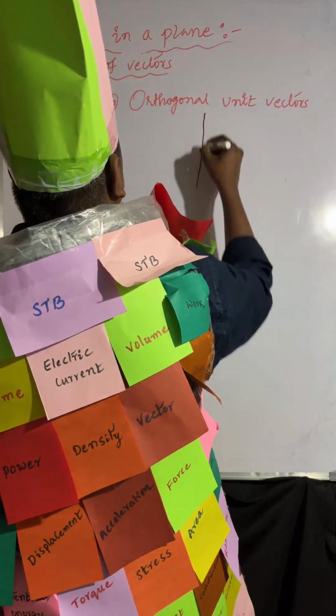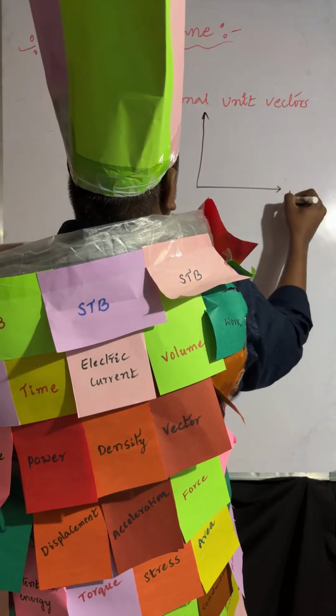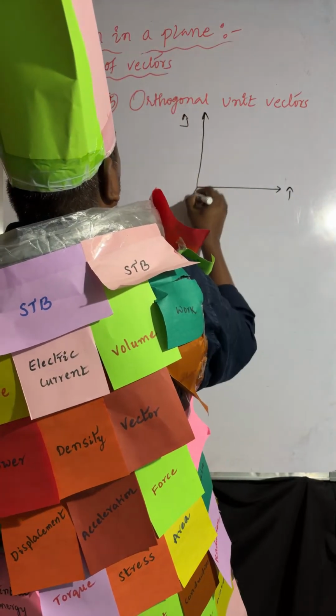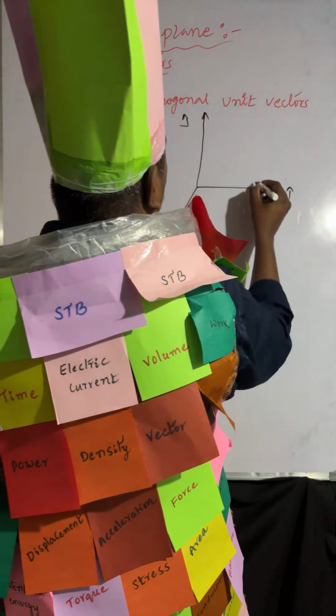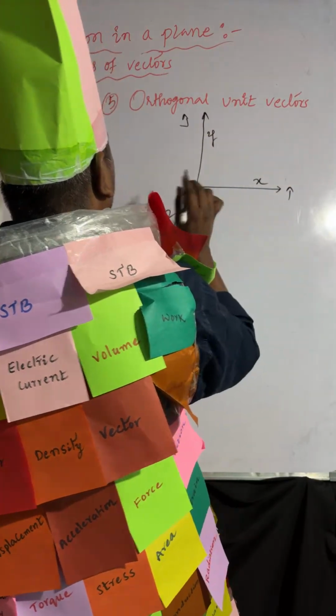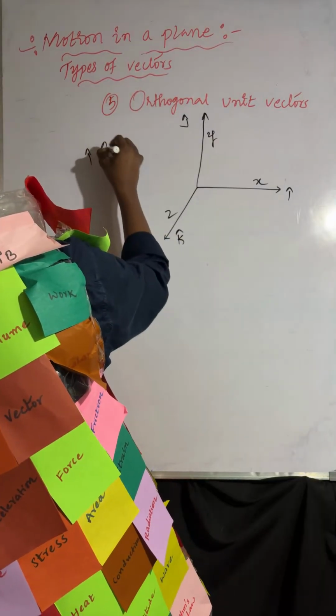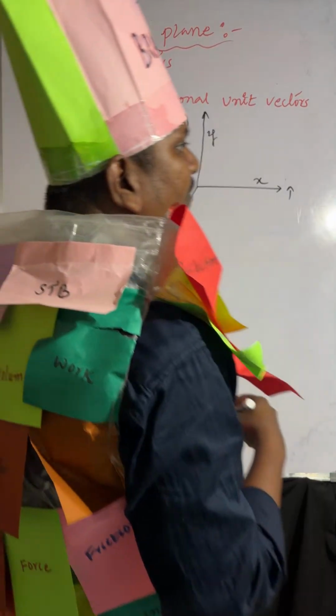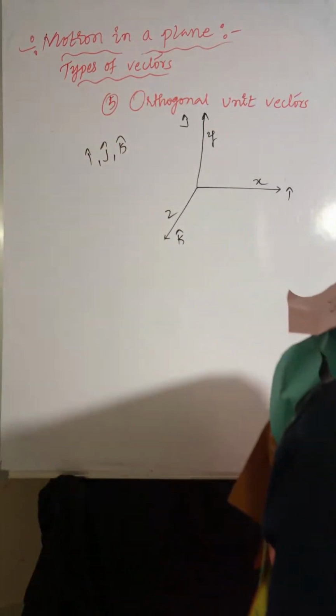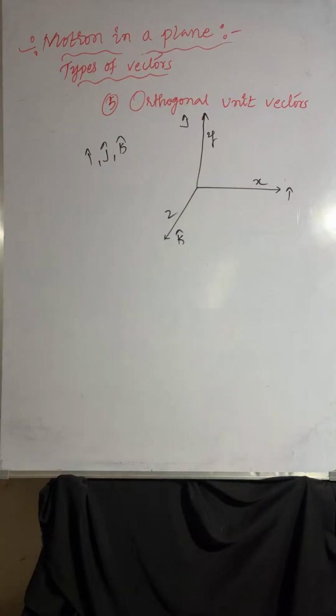So here you can see i cap, j cap and k cap, along x axis, along y axis and z axis. So i cap, j cap, k cap are the unit vectors acting along x axis, y axis and z axis. These vectors are perpendicular to each other. These are called orthogonal unit vectors. Understood or not?